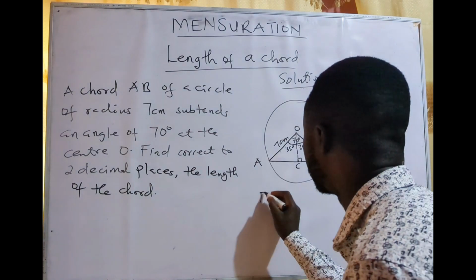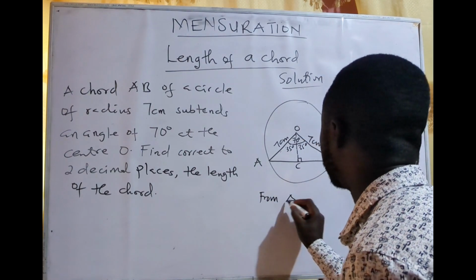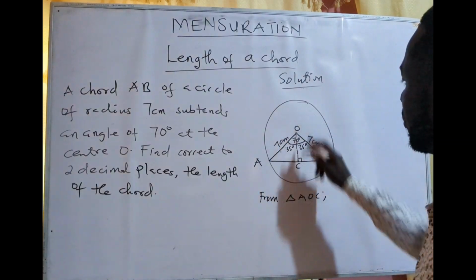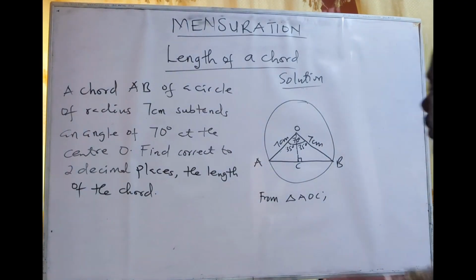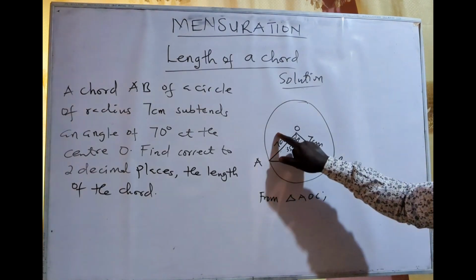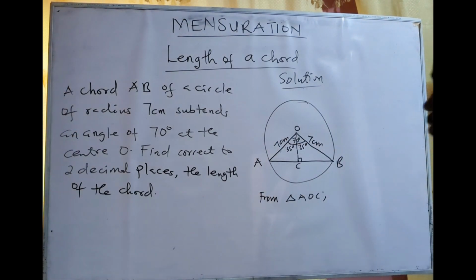So you can say that from triangle, any of them, maybe AOC, I have an angle here, and this side is opposite, and here is hypotenuse. So I have to use the sine.